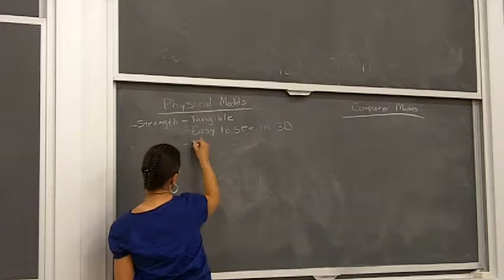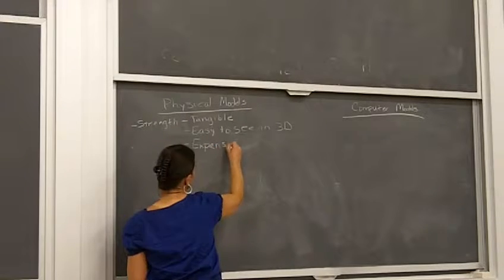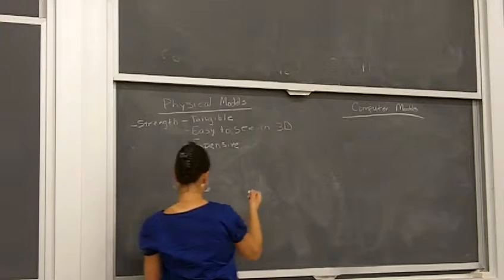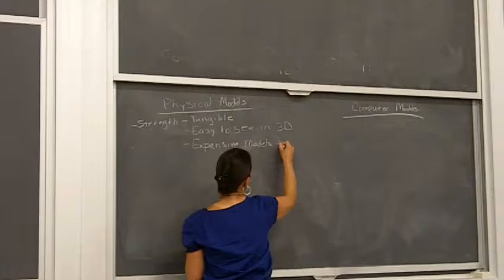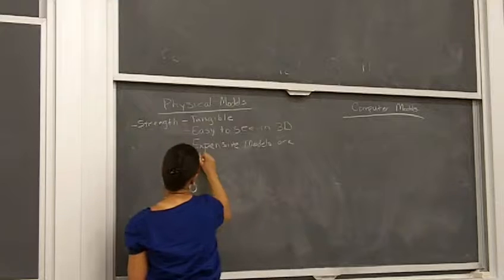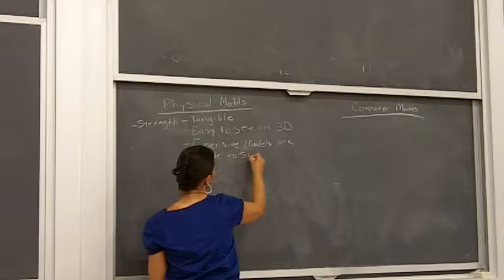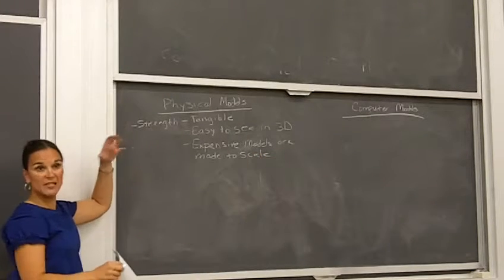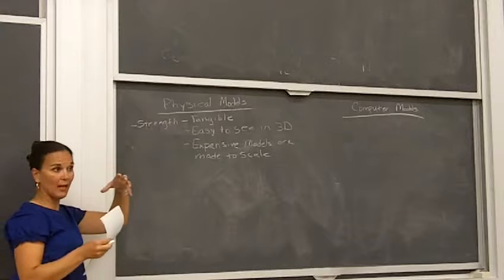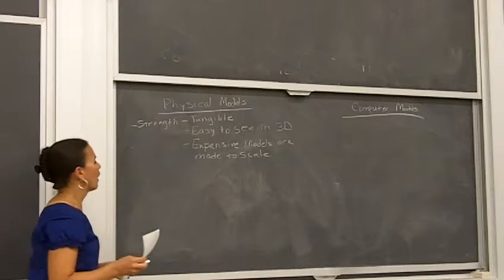And if you get really expensive models, they are also made to scale. So for example, you could buy a model of a specific compound or a specific protein or specific binding site, and that would be made to scale for that particular situation, okay?